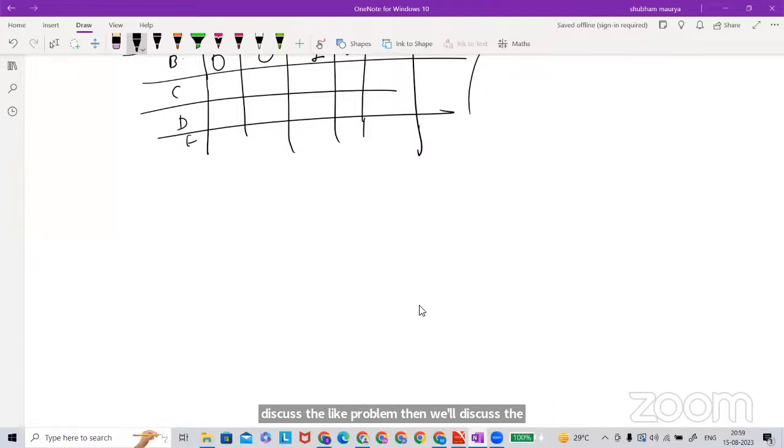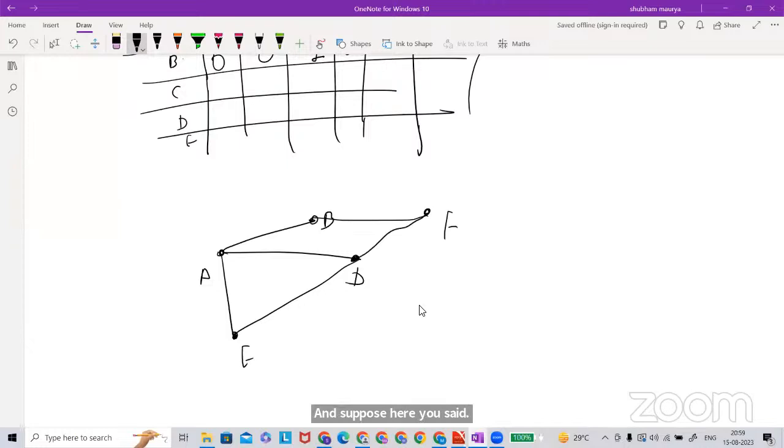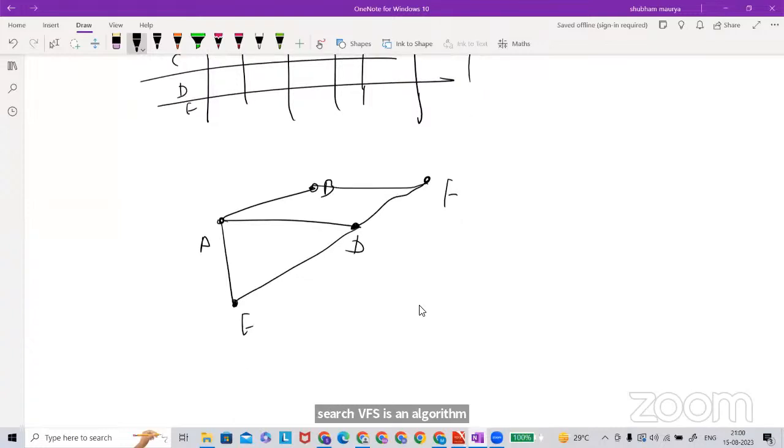So what is BFS? Suppose you have a graph, let's say this is A, this is B, this is D, here is E, and here is F. Suppose this is the graph we have, and breadth first search, BFS, is an algorithm that we perform on the graph to reach the BFS tree.